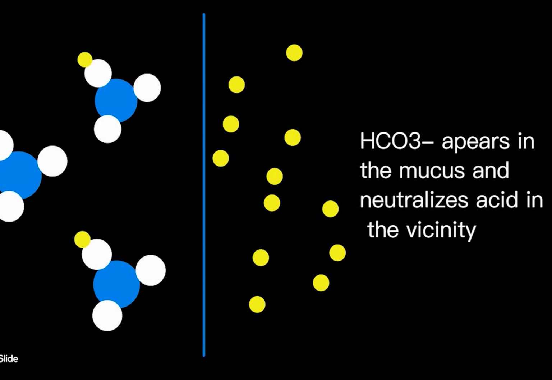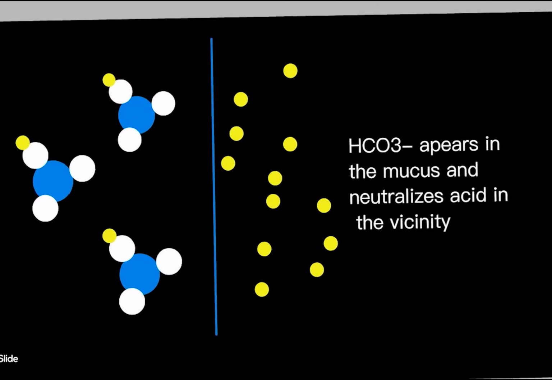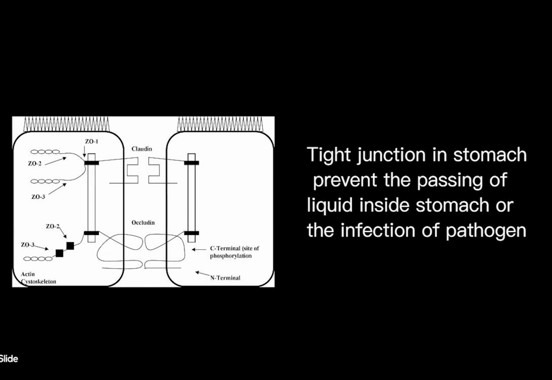These ions help protect our mucus and stomach from being damaged by acid. The mucus can really help our stomach, but the stomach itself also has something special. The inside cells are held together tightly with some compounds to build an impenetrable wall to stop juice from leaking and doing harm to our bodies.